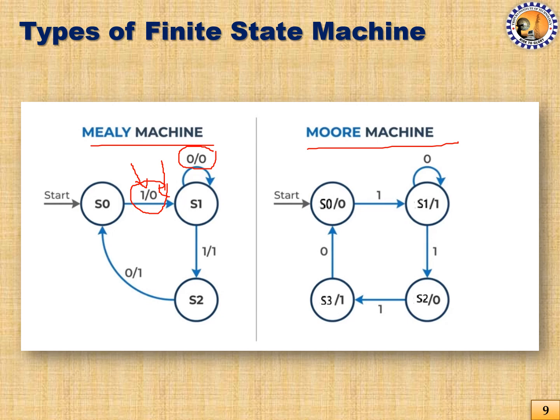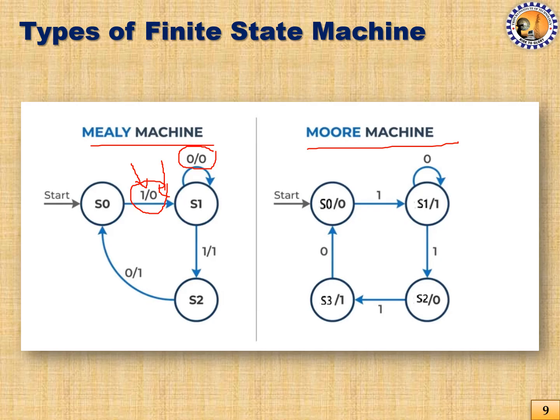But in the Moore state machine, as we can see, output is actually based on the state. So state 0 will produce output 0 only. Since it is purely state dependent, the output condition has been included inside the state, and the input conditions are specified during the transition only.